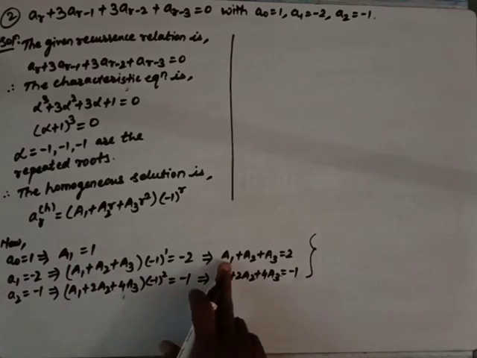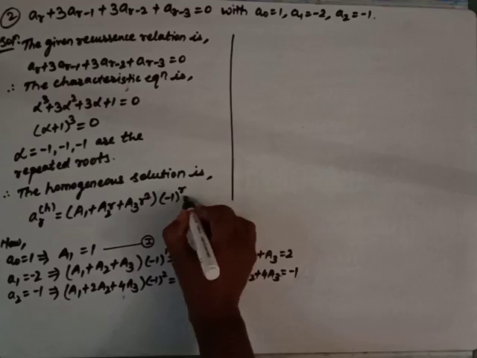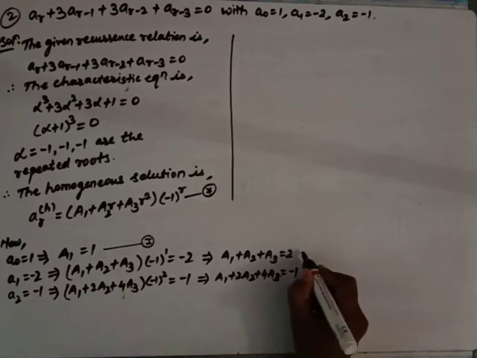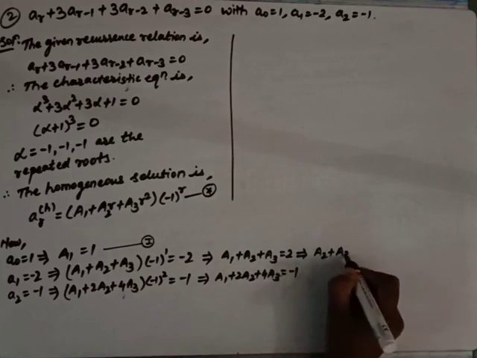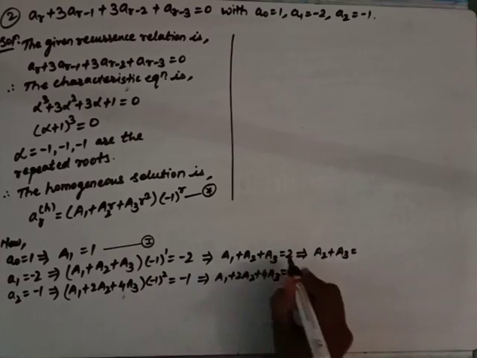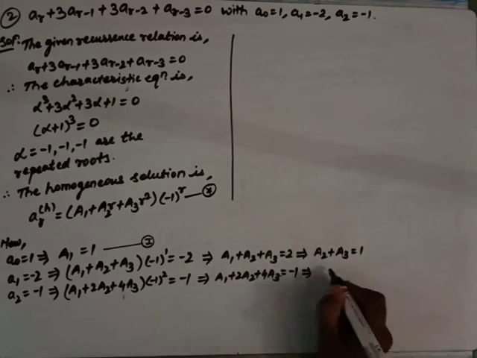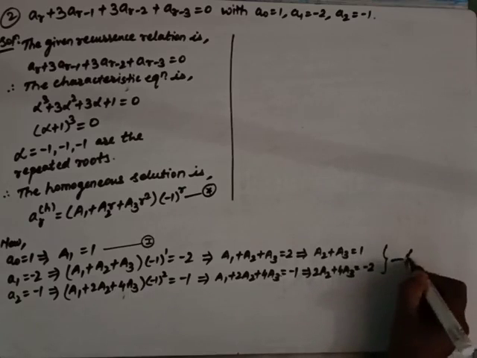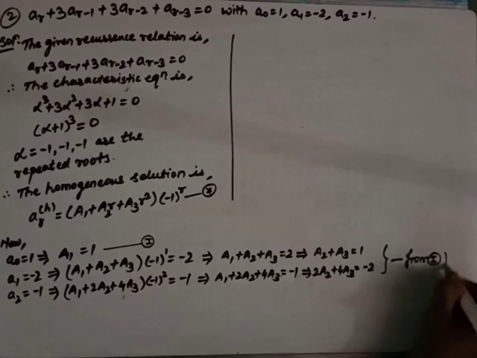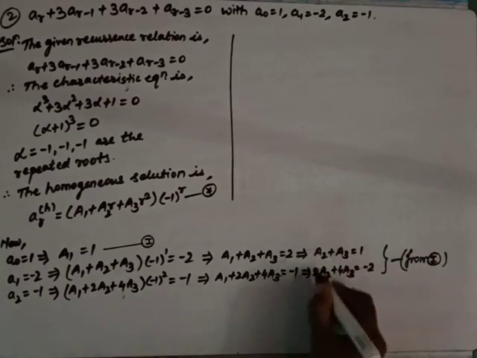A1 is 1, so I can put that in, and call it star. Then A2 + A3 = 1, and 2A2 + 4A3 = -2. Now you can easily solve these.